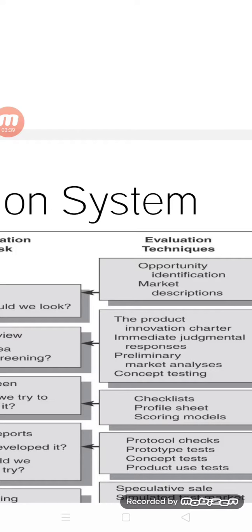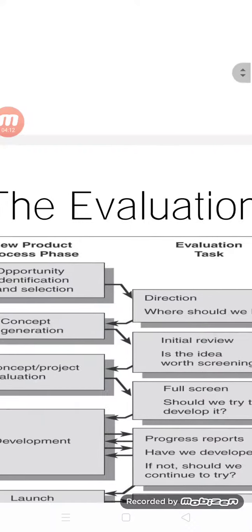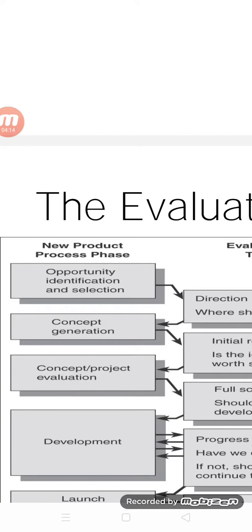The techniques normally used at this stage are the product innovation charter, which we already discussed in chapter 3, immediate judgmental responses, preliminary market analysis, and concept testing. All of these 4 techniques of evaluation can be used to screen out the concept generation that you want to carry on.